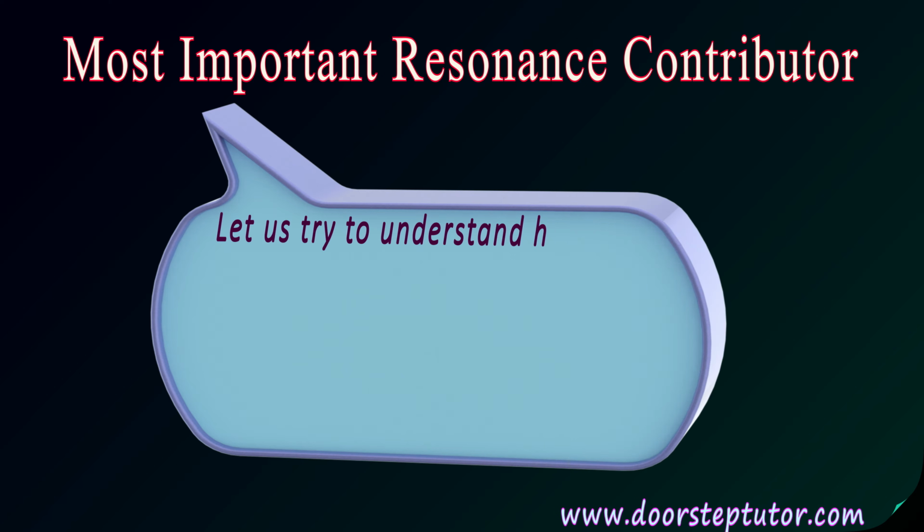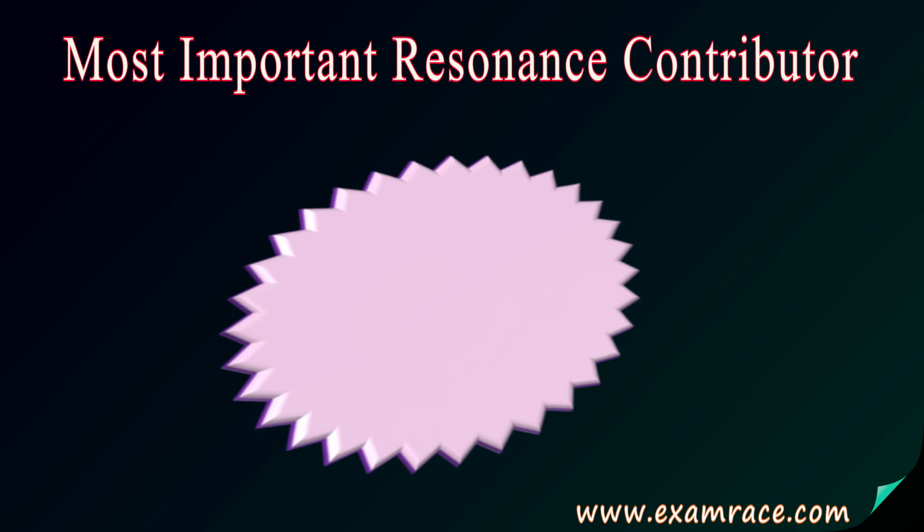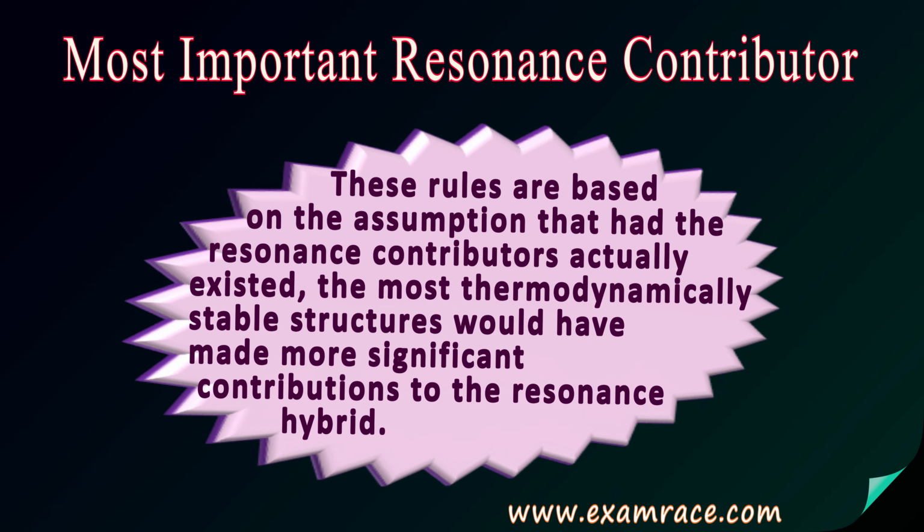Now let us try to understand how to compare the resonating structures in terms of their stability, and for this we should know some rules by which we can determine the most important resonating contributor. These rules are based on the assumption that, had the resonance contributor actually existed, the most thermodynamically stable structure would have made more significant contributions to the resonance hybrid.